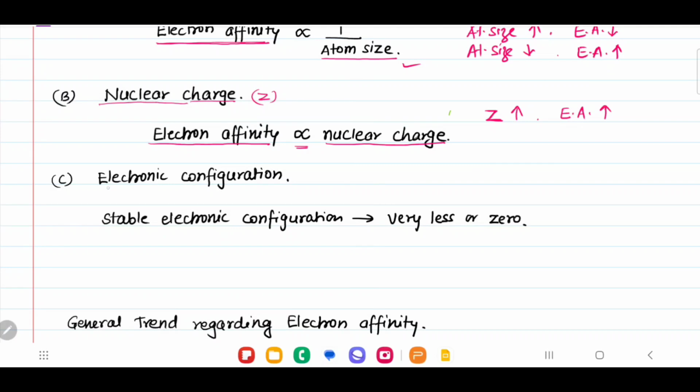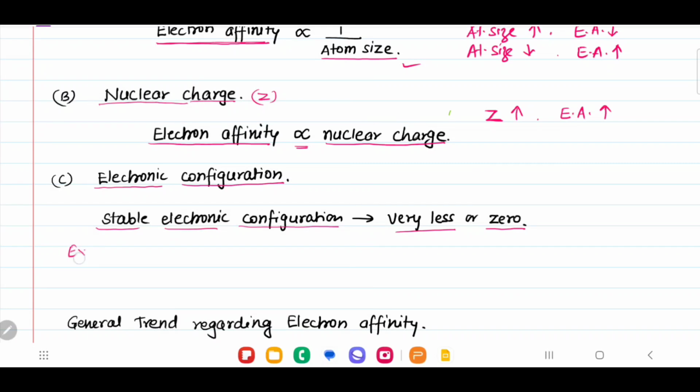The next important factor is the electronic configuration of the atom. It is observed that stable electronic configurations generally have very little or no tendency to attract electrons, so their electron affinity will be very less or zero.